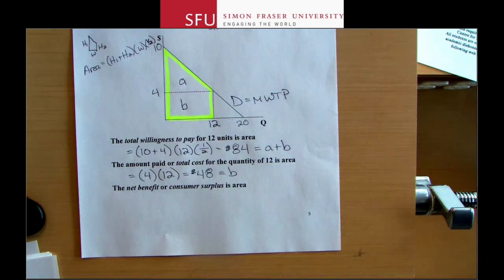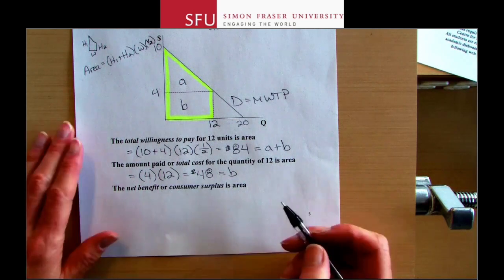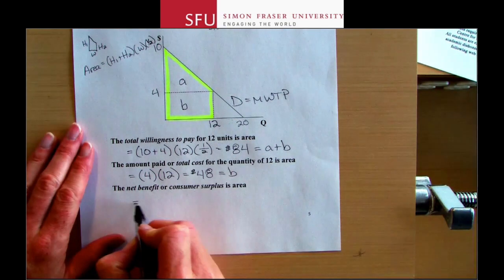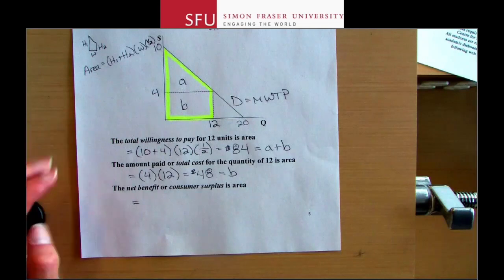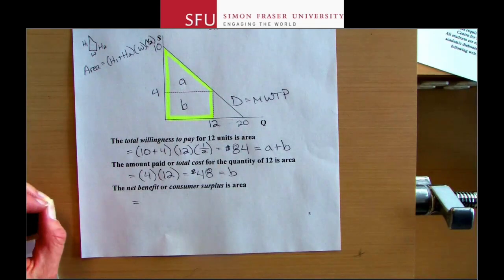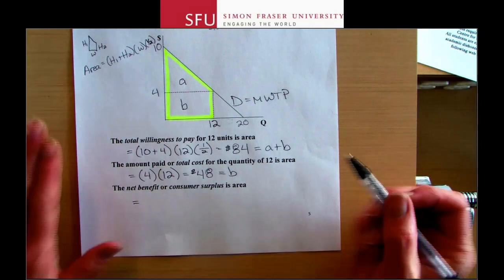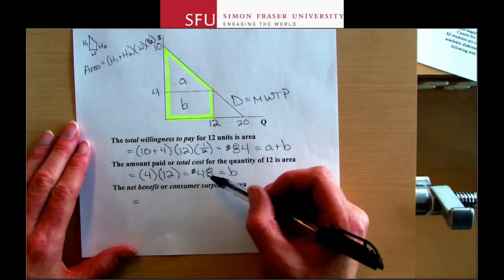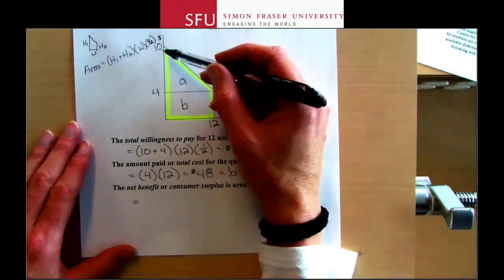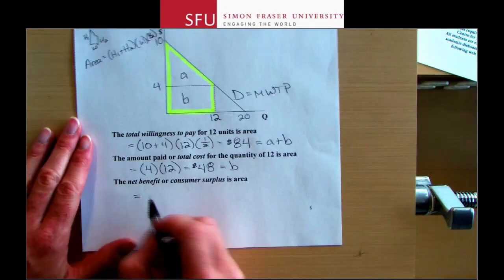So then what area is the net benefit, or the surplus? What area would be the surplus? A, that's right. And there's 2 ways that you can calculate it. You can either take 84 minus 48, or you can use the formula for a triangle. So I'll write it down both ways.